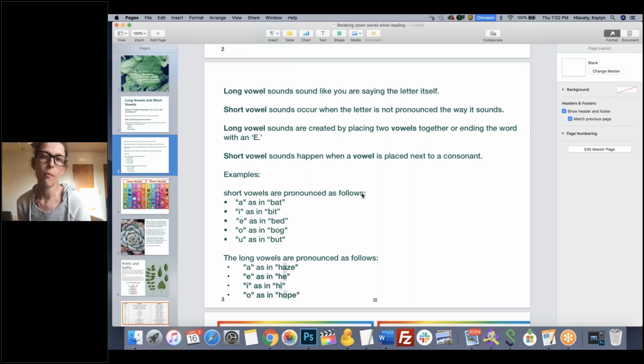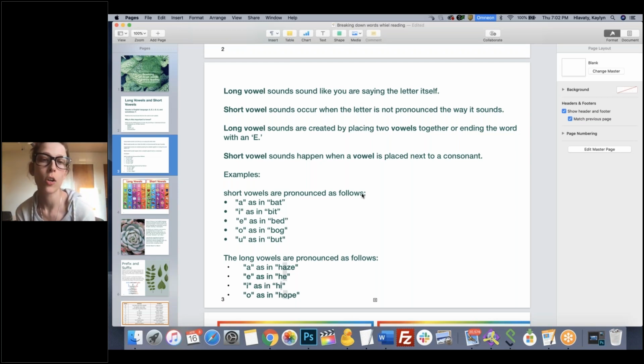One way I remember is that a long vowel sounds like you're saying the actual letter itself. A short vowel, just think of it as a more concise pronunciation within a word.